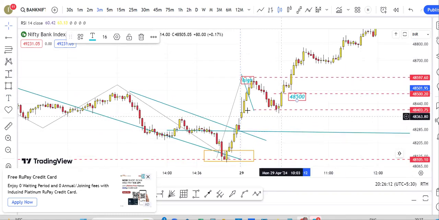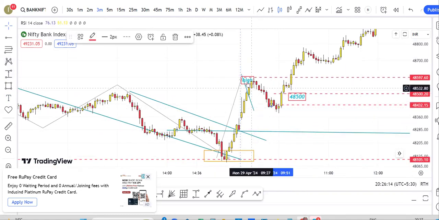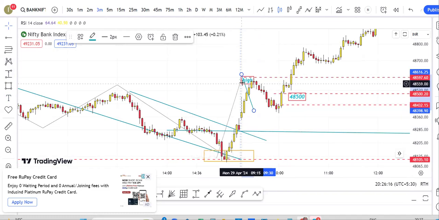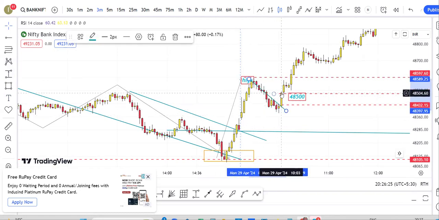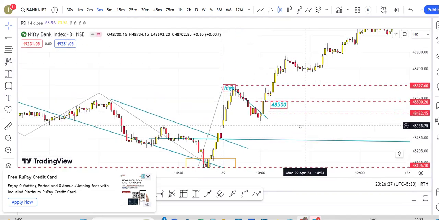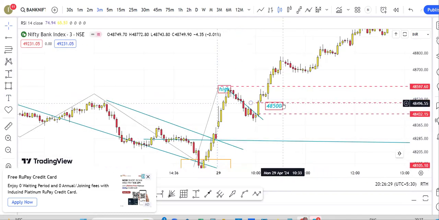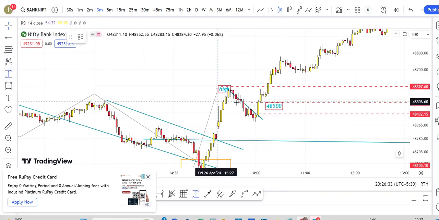Say, for example, how are we entering? Only after the trend formation and reversal, discount, and discount confirmation with the reversal, you are taking the trade. Say, for example, you have entered at 48,500.